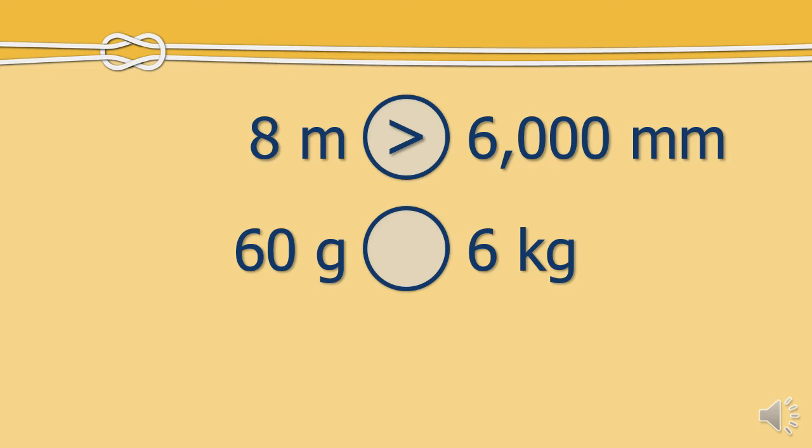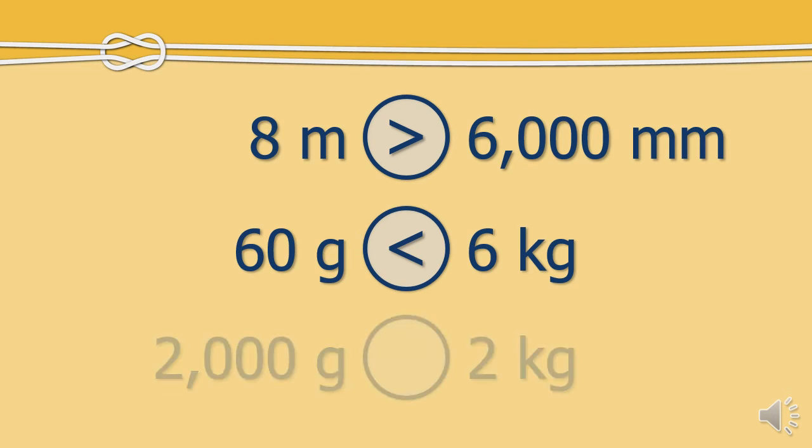So if we multiply the 6 kilograms by 1,000, that's 6,000 grams. And 60 grams is much, much less than 6,000 grams. 2,000 grams and 2 kilograms. Again, remember, there are 1,000 grams for every kilogram. So we multiply the 2 kilograms times 1,000, and we get 2,000 grams.